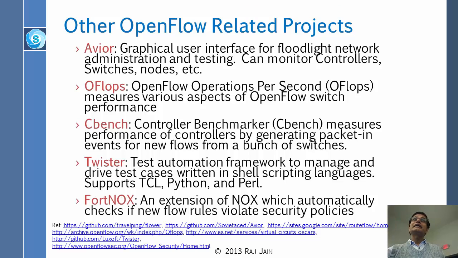That is called packet in event. So it sends that packet in to the controller and the controller responds back, right? And so the switches generate the packet in event, they go to the controller and we measure the controller, figure out how fast the controller is.